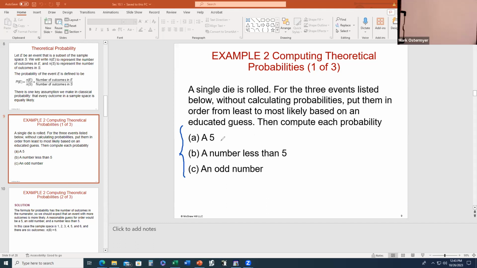A says, what's the likelihood of rolling a 5? B is what's the likelihood of rolling a number less than 5 when we roll a die. And event C is the event that we roll an odd number. Put those in order from least likely to most likely. Classwork number 1.